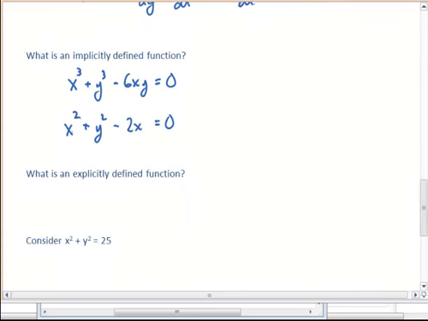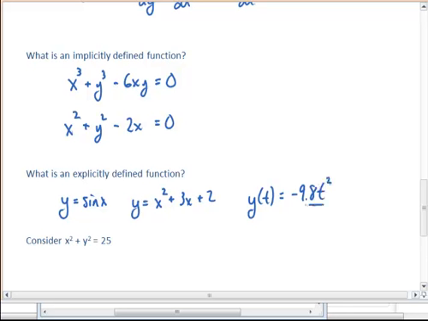What's a good example of an explicitly defined function? y equals the sine of x. y equals x squared plus 3x plus 2, or something like a parabolic motion equation in physics, negative 9.8 t squared divided by 2 plus 10t minus 5.